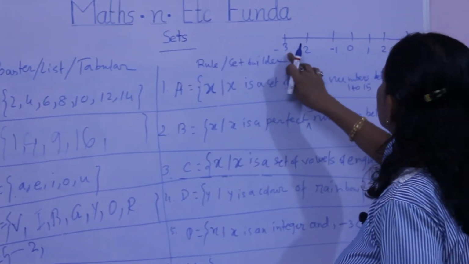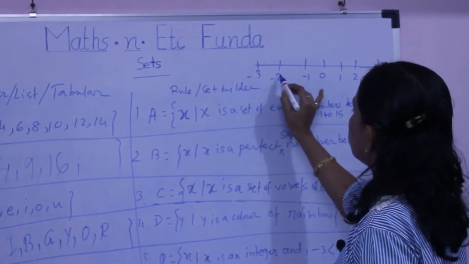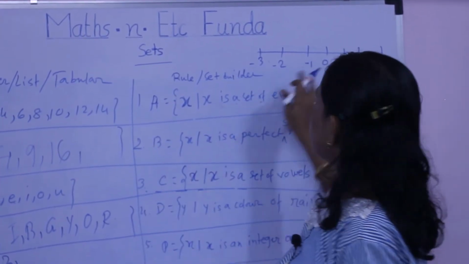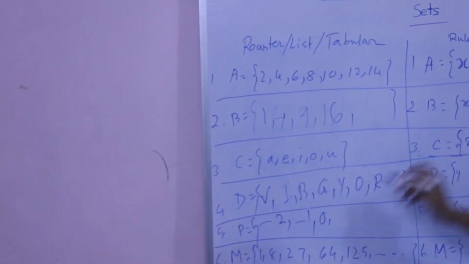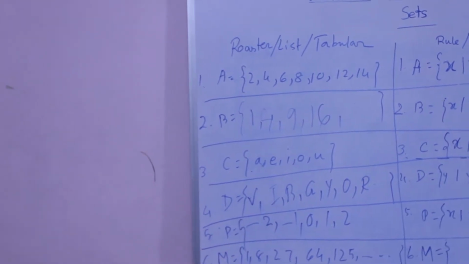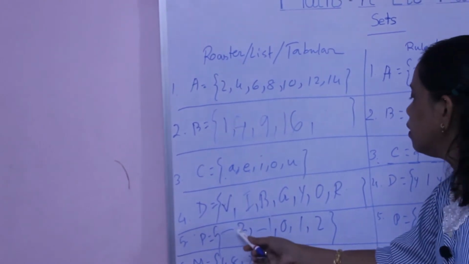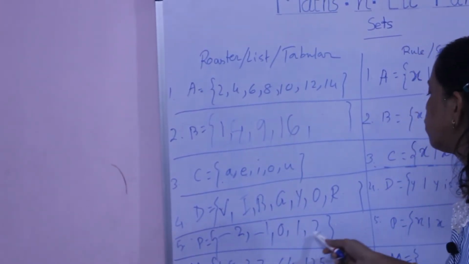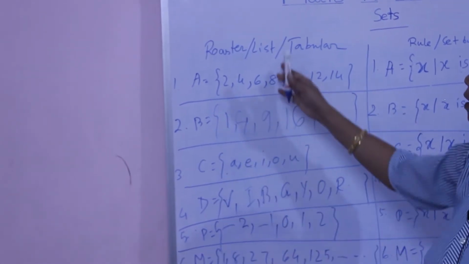But it is greater than -3, so the first integer is -2. Next is -1, next is 0, next is 1, 2, but not 3, because it is less than 3. So how many here? 1, 2, 3, 4, 5. So the P set will be like this in list method.